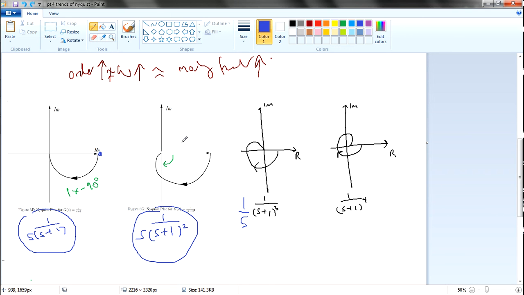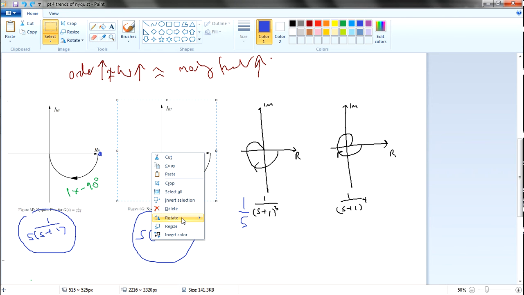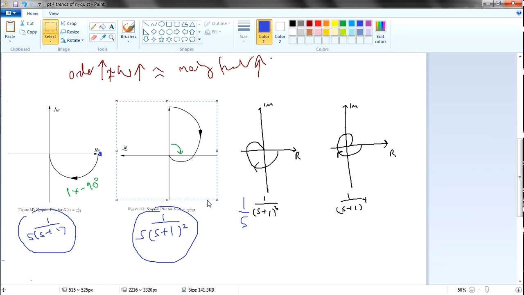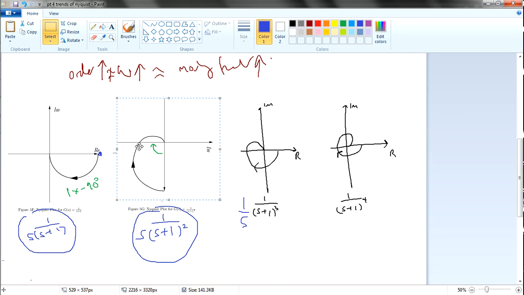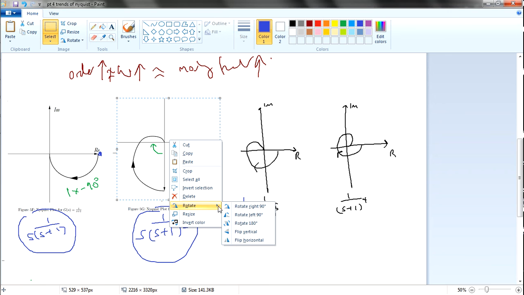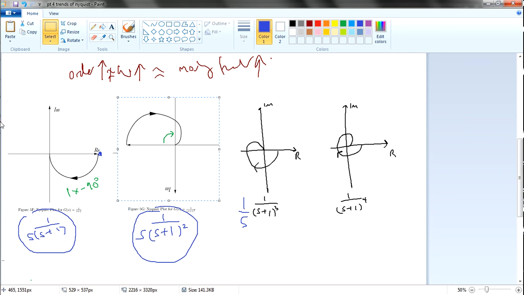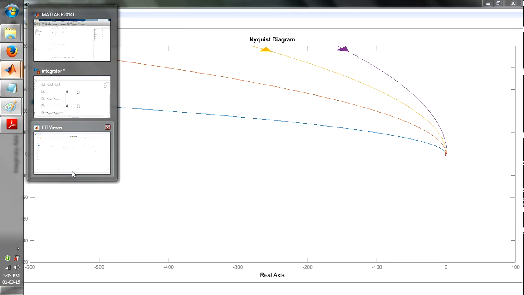So actually, as you can see, you're flipping the locus. In other words, let's say you multiply 1 over s in this case, I rotate in this direction. And then if you want me to flip again, if you multiply the double integrator, you are flipping it over here, which is what we have shown in this diagram.